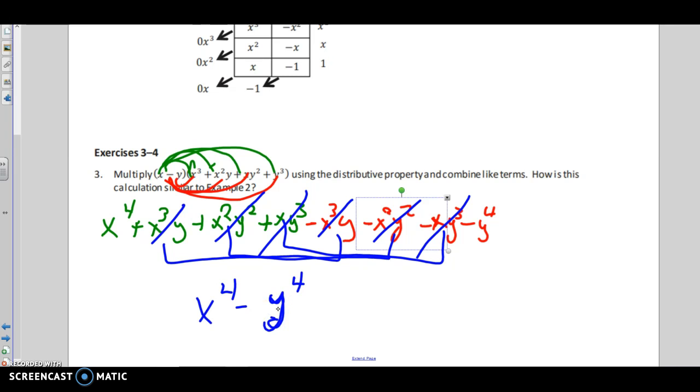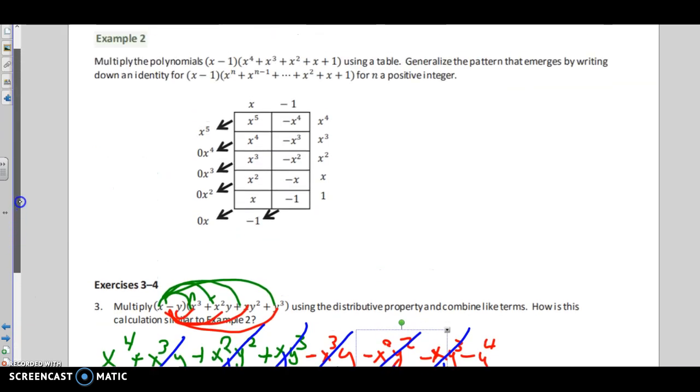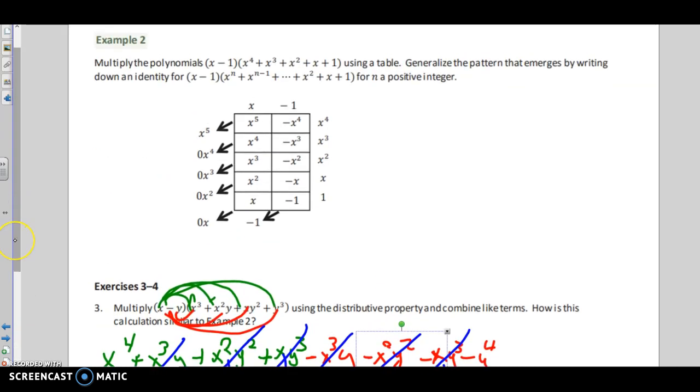So the generalizing of the pattern is that when I have x minus 1 or x minus y in this case, and we're going by decreasing exponent patterns, everything in the middle is going to cancel out, and I'm only going to end up with my first term and my last term.